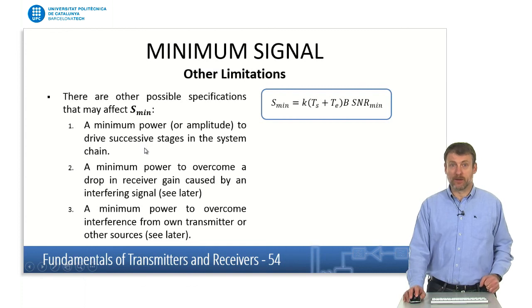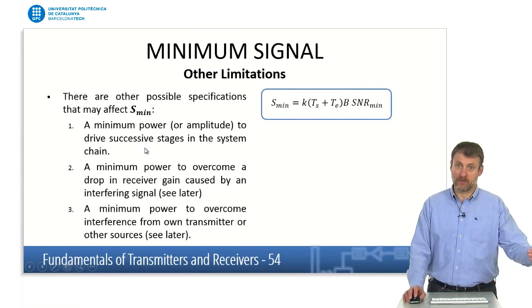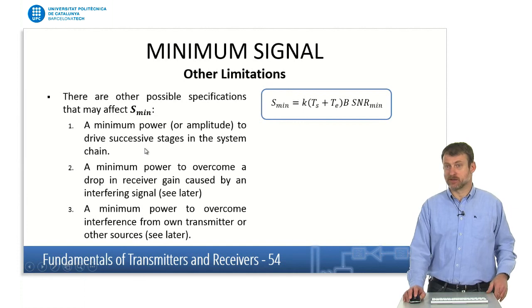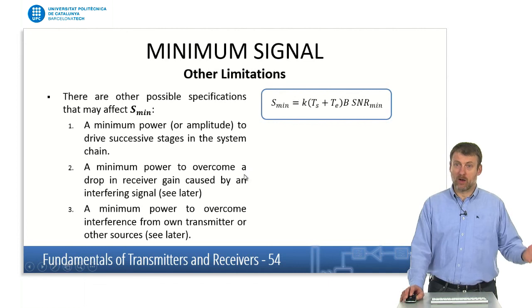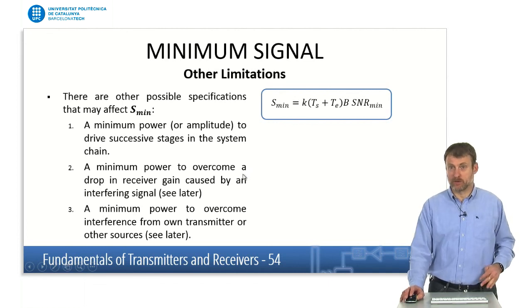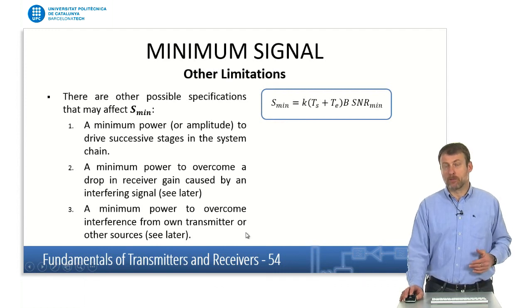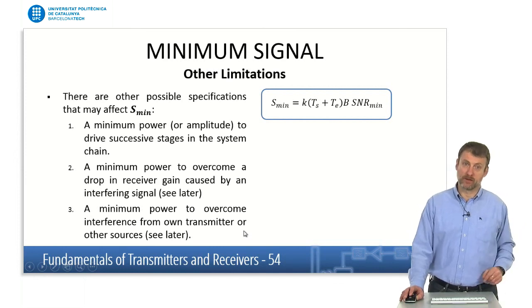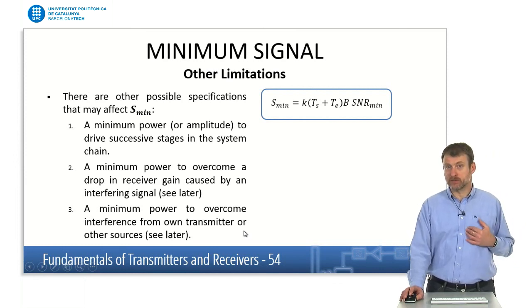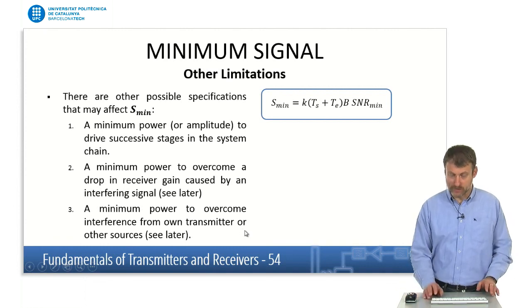One would be the minimum power to drive the successive stages in a system chain, or maybe the minimum power to overcome a drop in receiver gain caused by an interfering signal, which is a case that we will see later on, or also we might have some requirement of minimum power to overcome the interference either from our own transmitter or from other sources, and this is a case that we will also be looking at later.